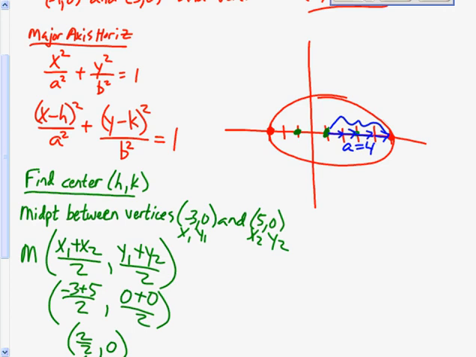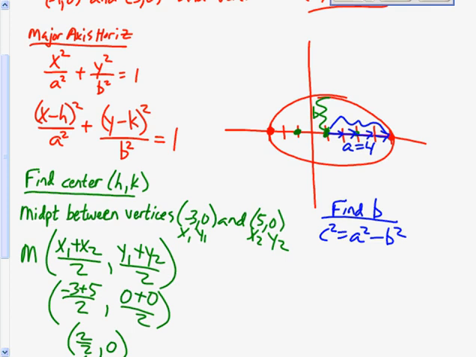Now we do not know b yet. This is distance b, so we're going to have to figure that out. We've already found the center (h, k), so we can plug that into the equation. We need to find b. So how are we going to do that? Well, we'll use the formula that we had for ellipses: c squared is a squared minus b squared.